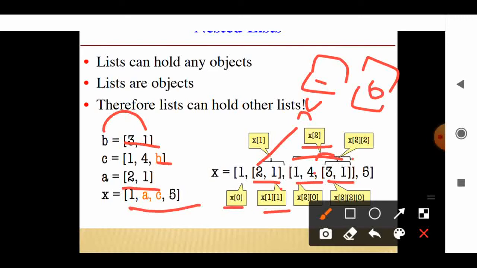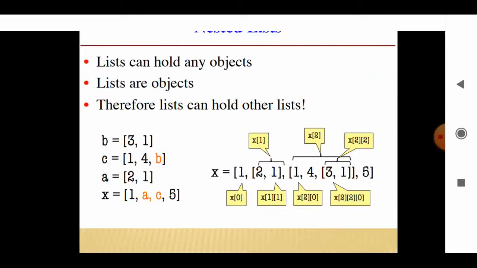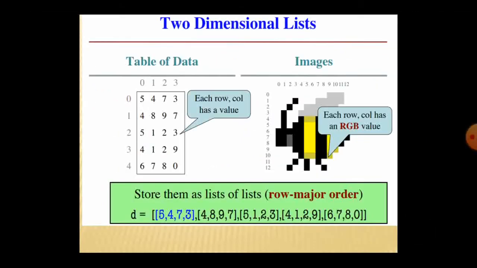If you want to access 1 and 4, you use x[2][0] and x[2][1]. x[2][1] means it is 4. For [3, 1], x[2][2][0] means we can access the element 3, and x[2][2][1] means we can access the element 1. So this is the way we can access the nested list using the index value.